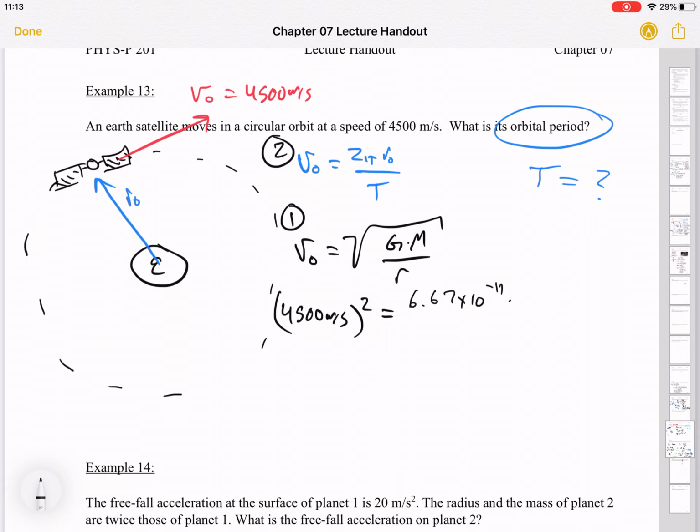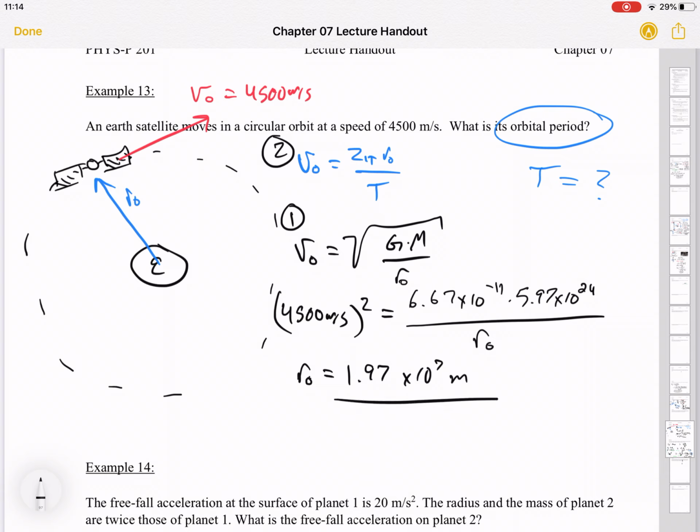All right, so I could put an R naught here just so I don't confuse myself. Okay, so that's 5.97 times 10 to the 24 kilograms divided by orbital radius, which is what we're solving for in part 1 of this. Okay, so what I get for the orbital radius is 1.97 times 10 to the 7 meters.